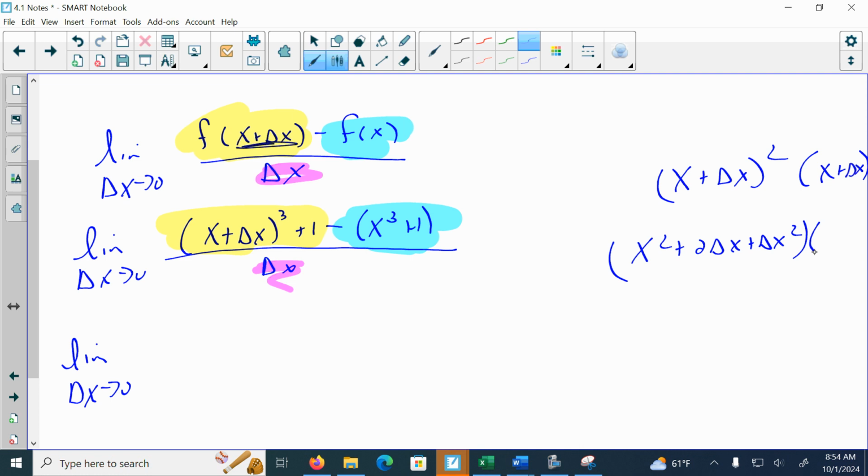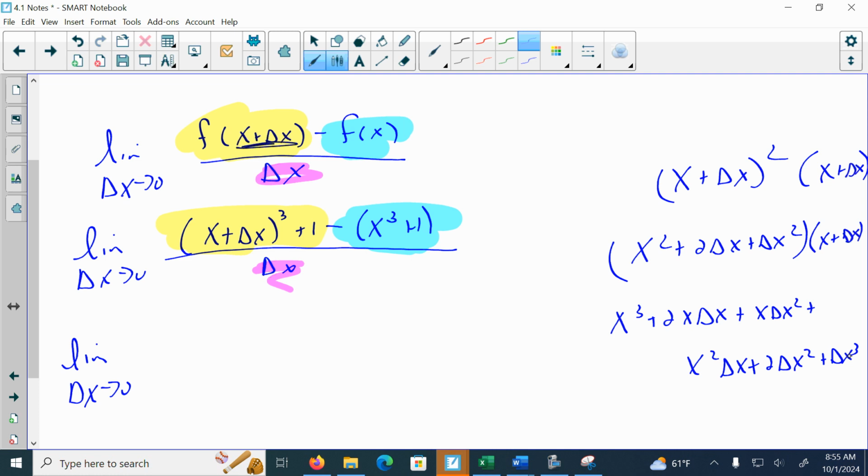Take this and multiply by x plus delta x. So I'm going to get x to the third plus 2x delta x plus x times delta x squared plus x squared delta x plus 2 delta x squared plus delta x to the third.